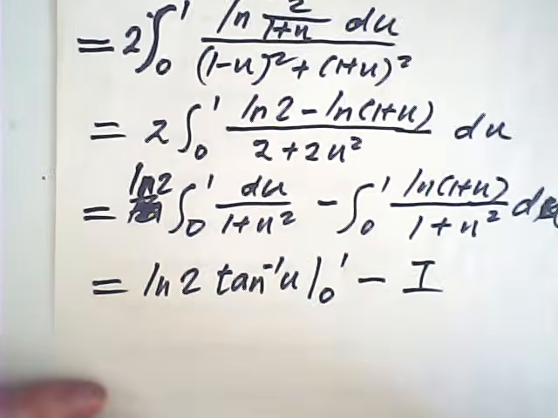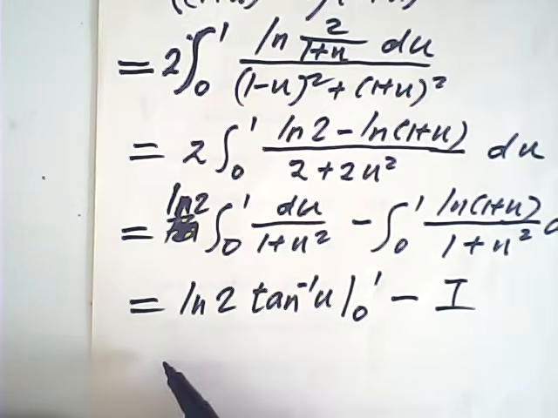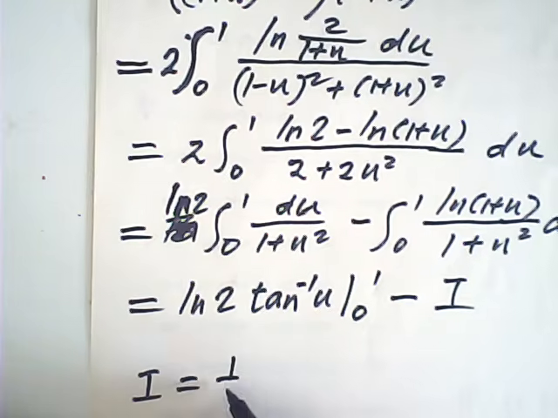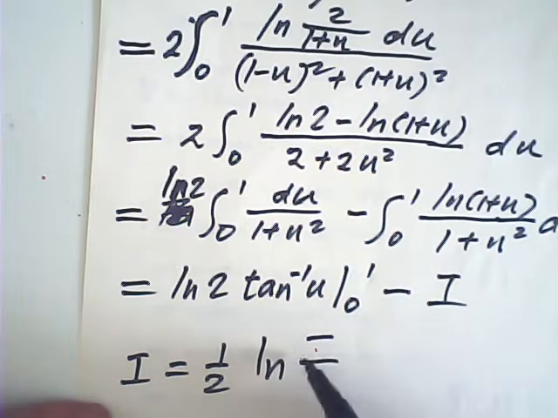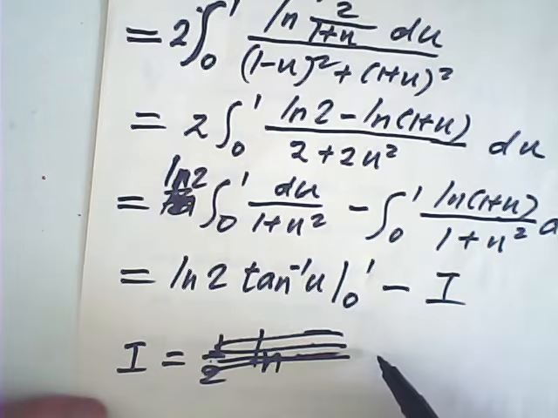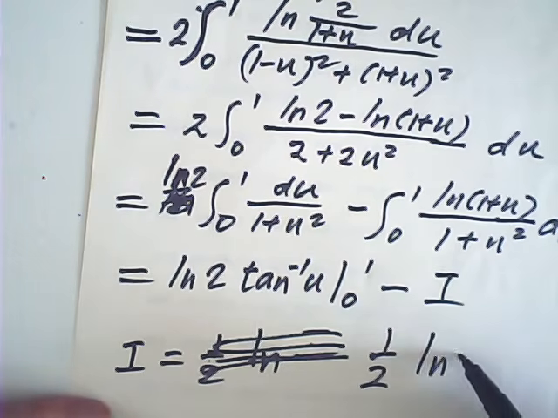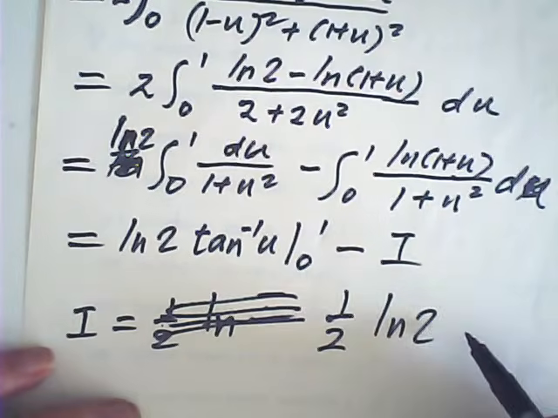This is I. So I is equal to 1/2. This is log 2 times quarter pi, right? Excuse me, I always forget: 1/2 log 2 times quarter pi.